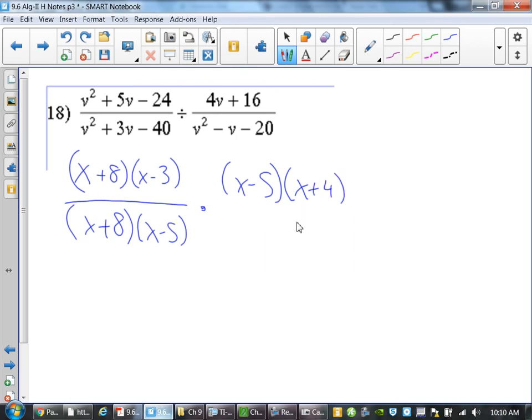What I'm doing is I'm flipping this fraction right away, over 4 times x plus 4. Yes, because if you didn't, you wouldn't be able to simplify out the x plus 4s.